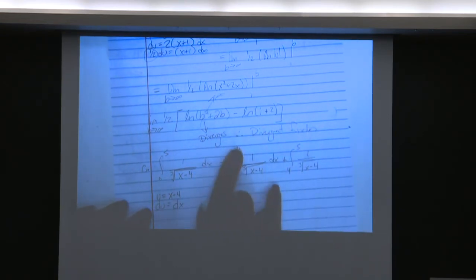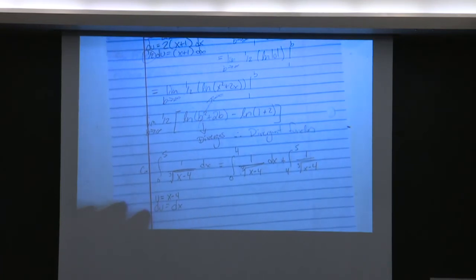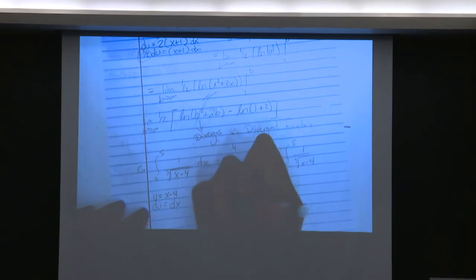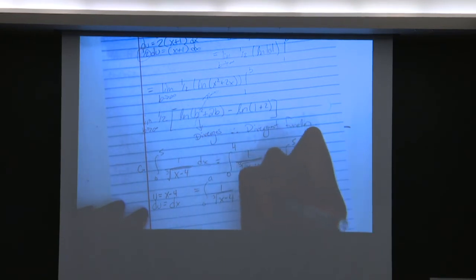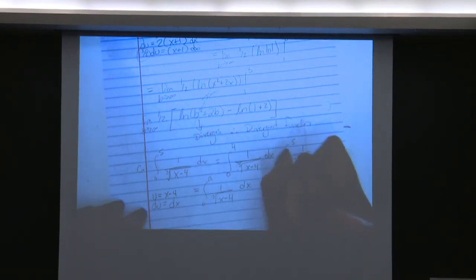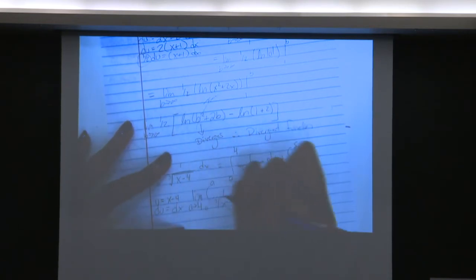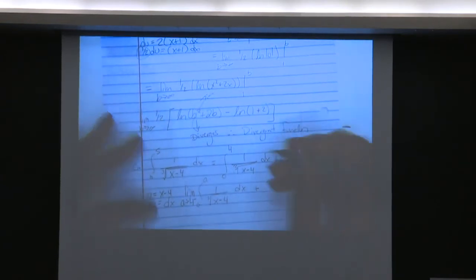But as I said, it's undefined at 4, so I'm going to have to sub those for A and B. 0 to A, 1 over the cube root of x minus 4 dx. I have to take the limit, sorry, as A approaches 4 from the left. Don't forget the limit, because I almost did. You need to take it because it's undefined, as I've said.